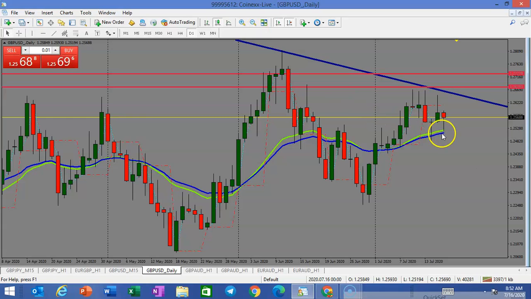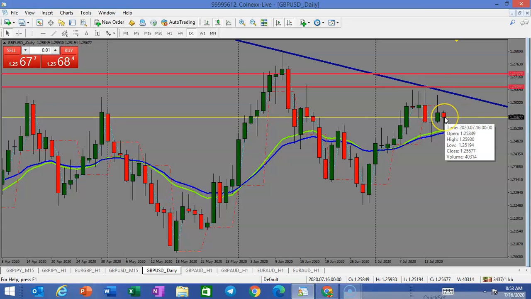This is interesting. So on the daily, I don't want to say that it's a rejection because the day isn't over. This is a clear rejection of this zone. Another rejection.